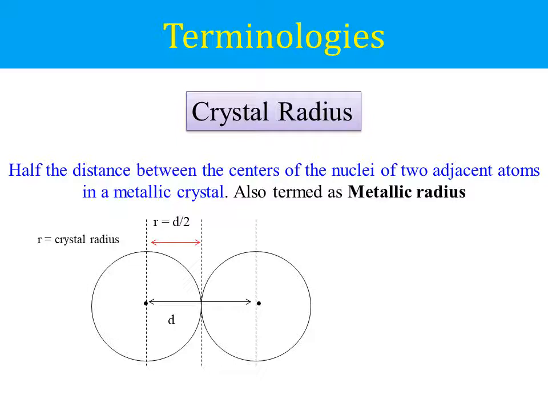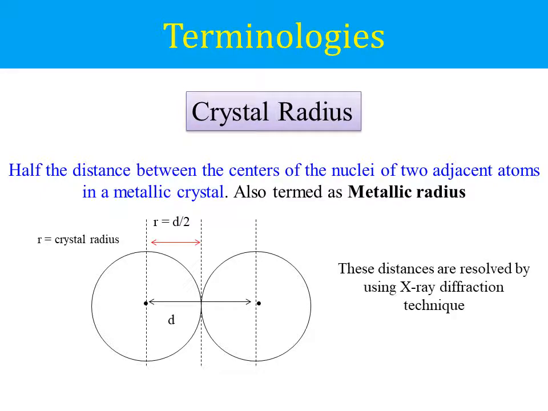It is a more or less exact determination of the atomic radius of an atom, but the point is, it has to be a crystal radius. When we consider a metallic crystal, this radius is sometimes termed the metallic radius. This sort of radius determination is done through the X-ray diffractometry method.